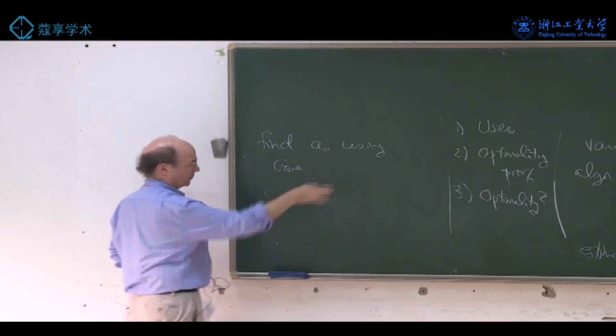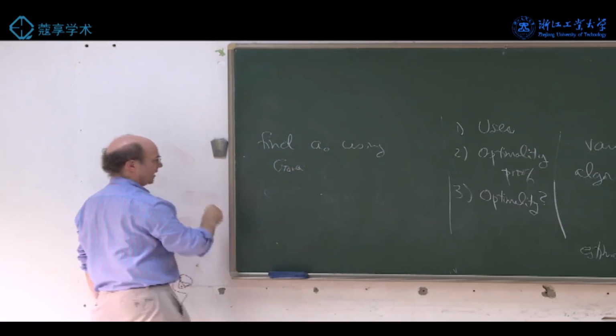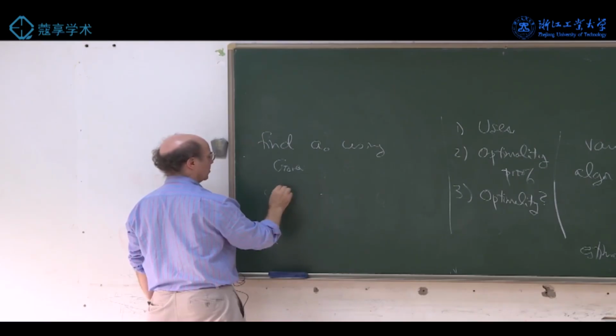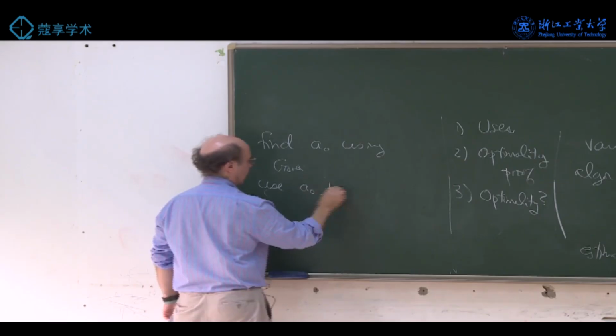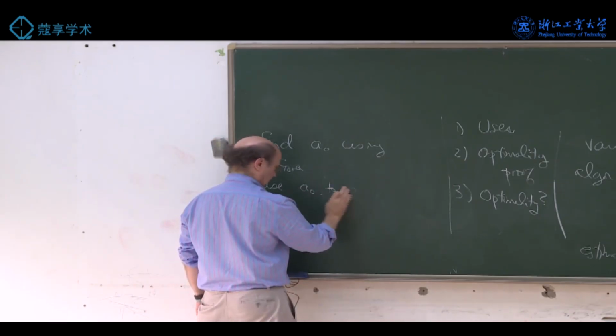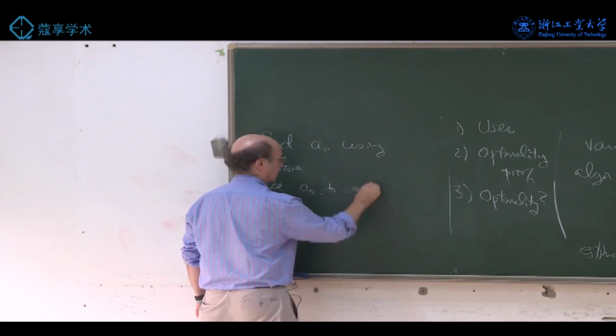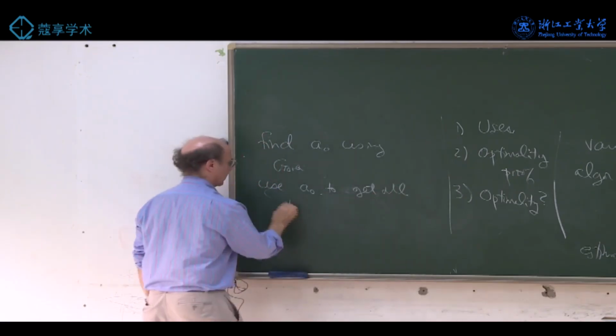So now we have this set up for the Grover algorithm. We find A0, and then we can use A0 to get all the additional information.